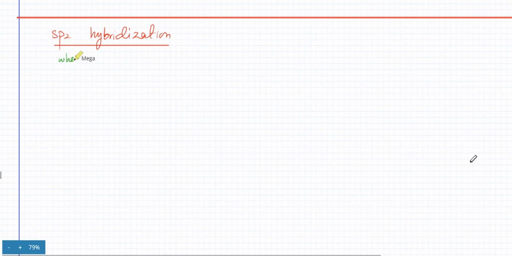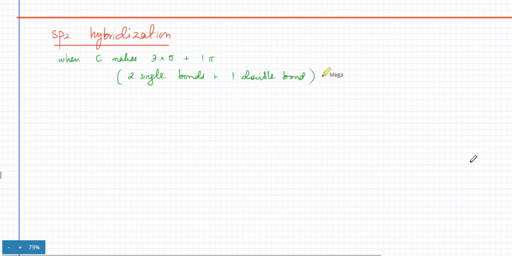When carbon makes 3 sigma bonds plus 1 pi bond. Or in simple words, when carbon makes 2 single bonds and 1 double bond. So 2 single bonds and 1 double bond.